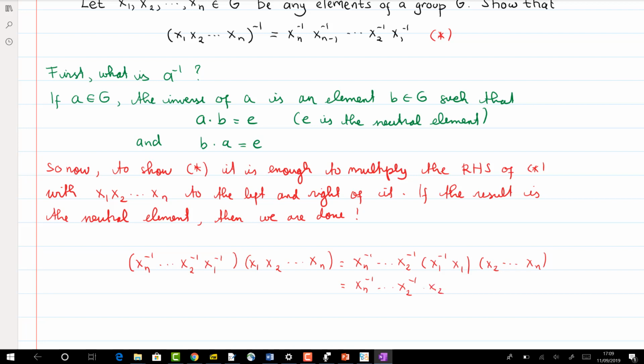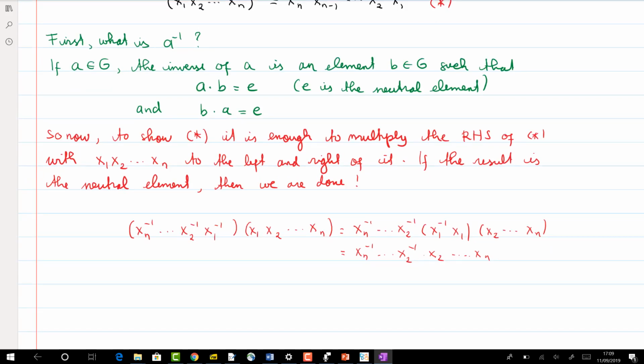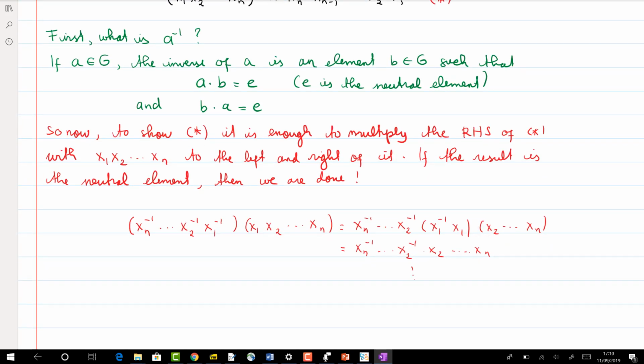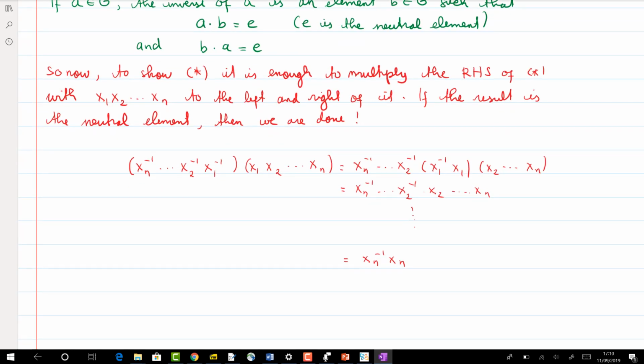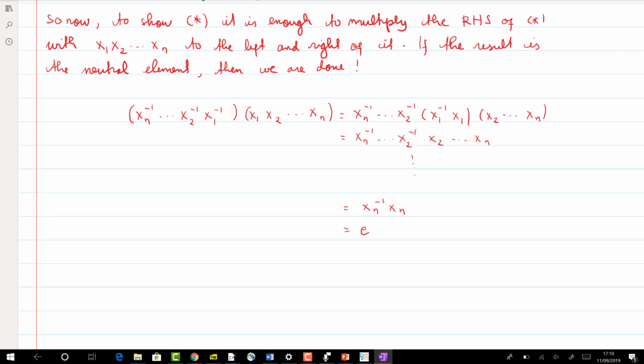Since x1 inverse times x1 is the neutral element, we can just erase it, or not write the neutral element. And if we keep doing that, for example, x2 inverse times x2 becomes the neutral element. Then at the end, we have xn inverse times xn, which is the neutral element.